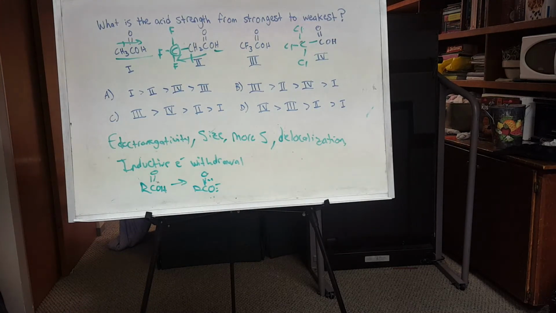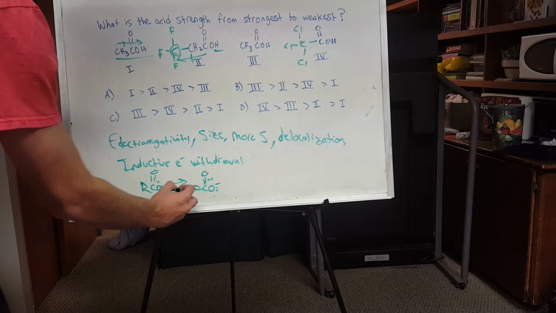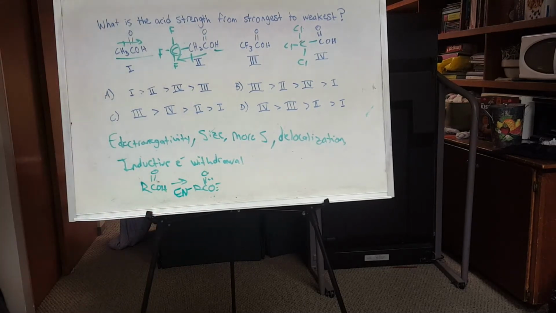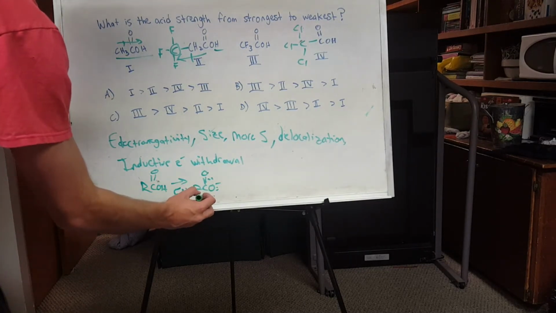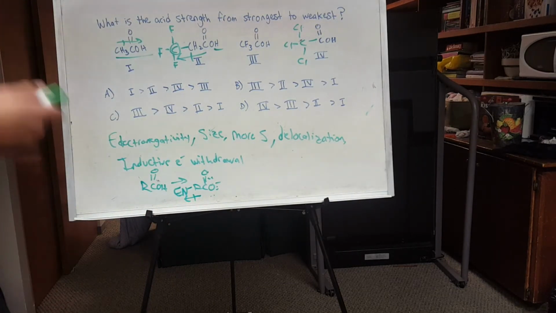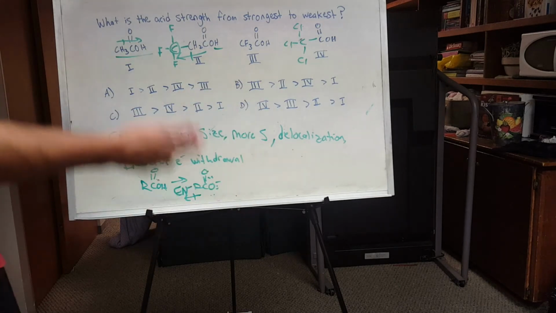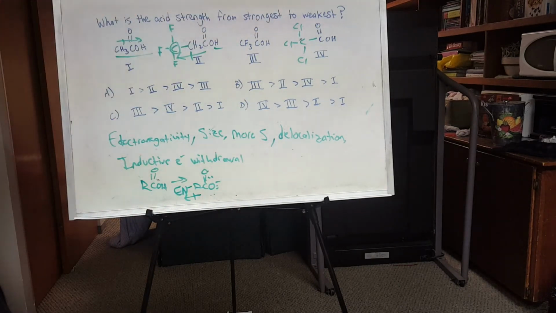If we put an electronegative group, just EN for electronegative, down there, now that's going to pull away some of the minus charge so the O doesn't have to bear all of it. Although O is electronegative and good at bearing negative charge, we can remove some of that and make the conjugate base a little more stable, make the acid stronger, right? So that's what's happening here.